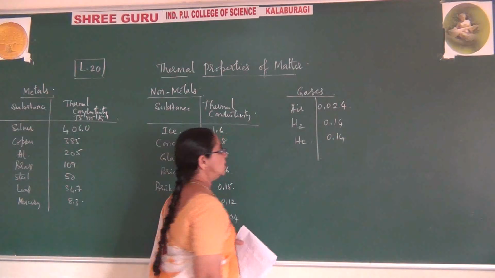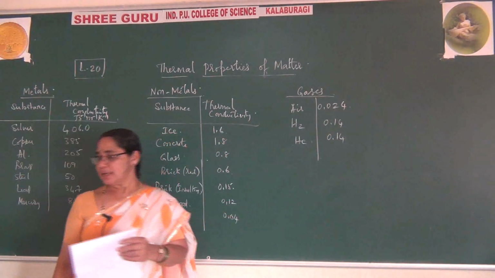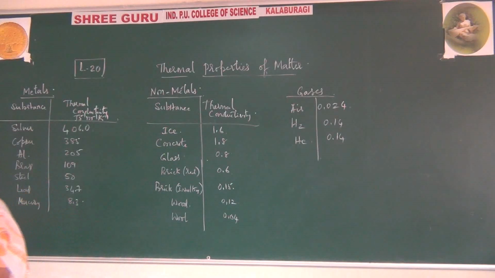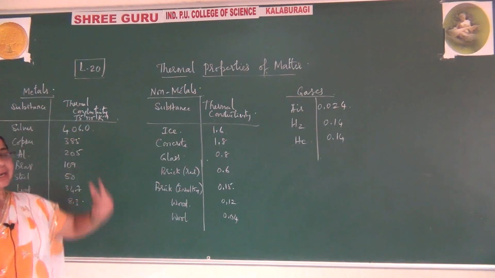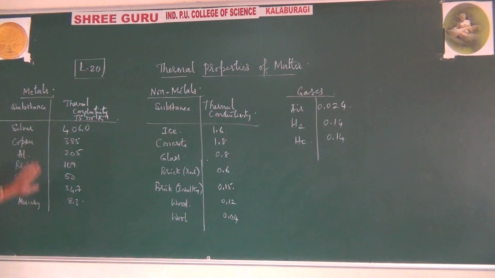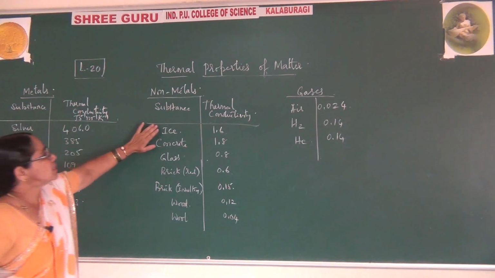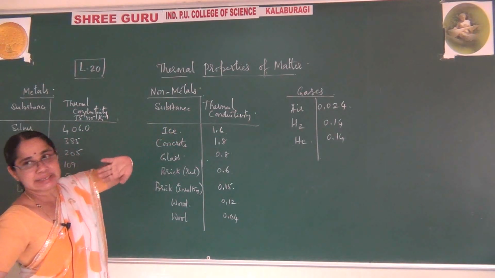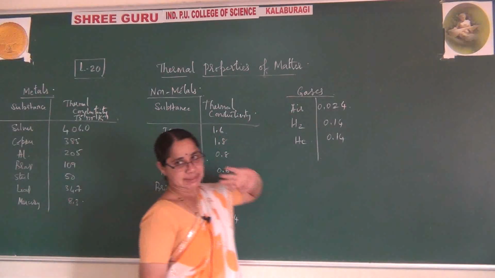Okay, right. I have given this. The benefit of this is that you can learn some of the examples very easily. Looking at this chart, these are for metals, where the thermal conductivity is given. This is for non-metals, and these are gases.